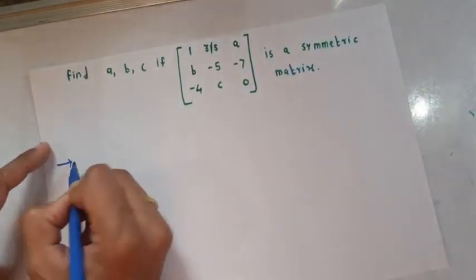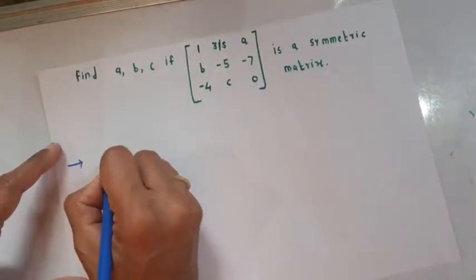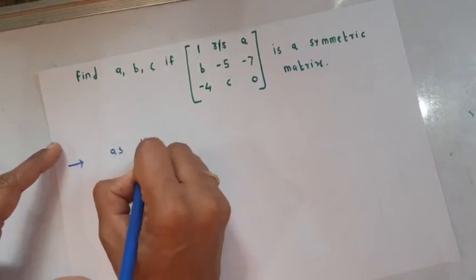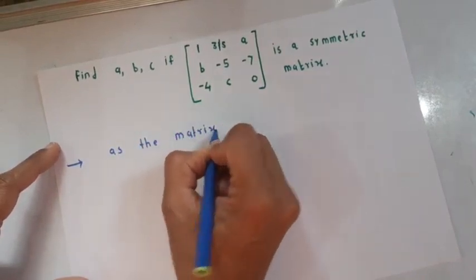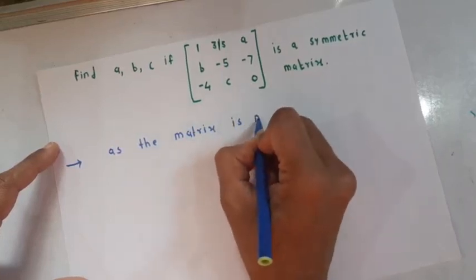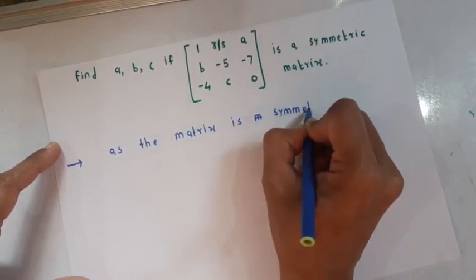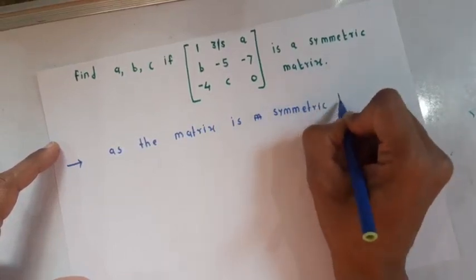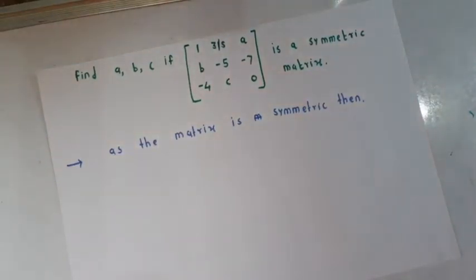So as the matrix is a symmetric matrix, what is the condition? As the matrix is symmetric, we know the properties of a symmetric matrix.